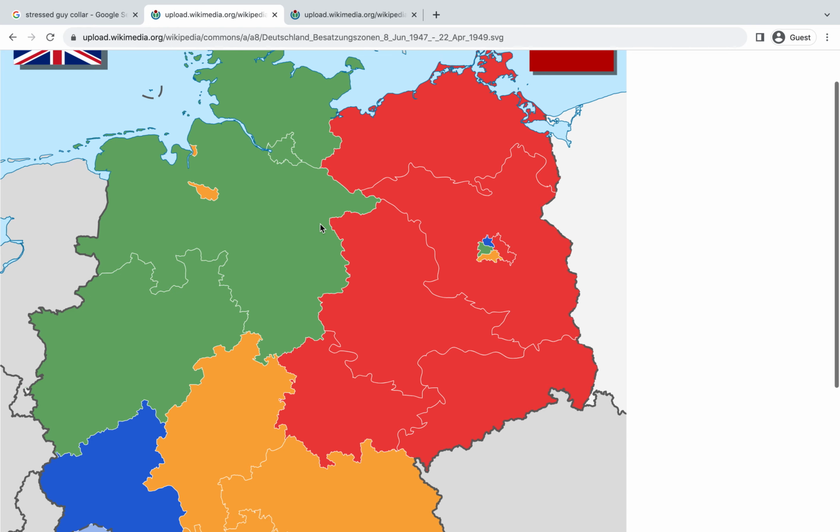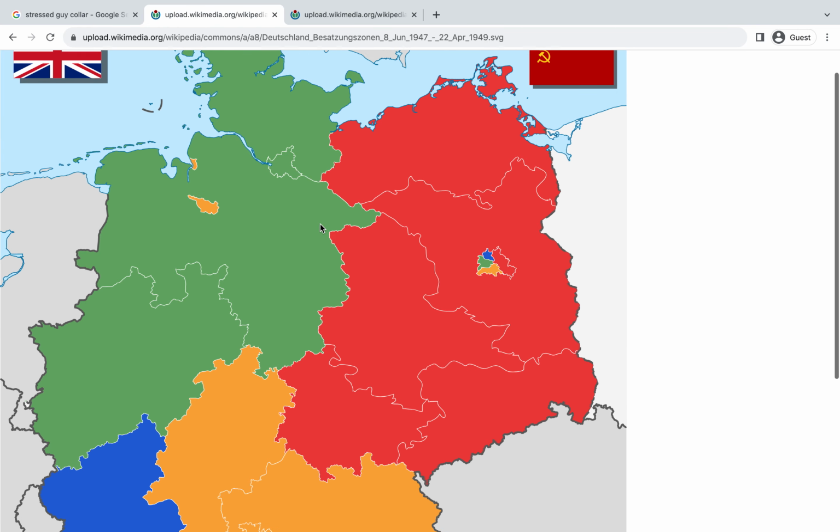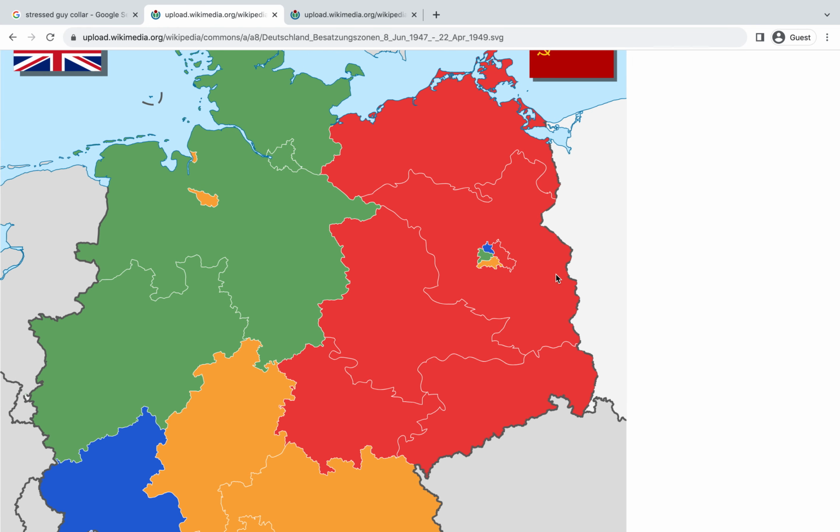Let's take a look at this map again, and now I have a question for you. My question is simply this. The United States, the UK, and France are all in this part, deep in the heart of Soviet-held Germany.